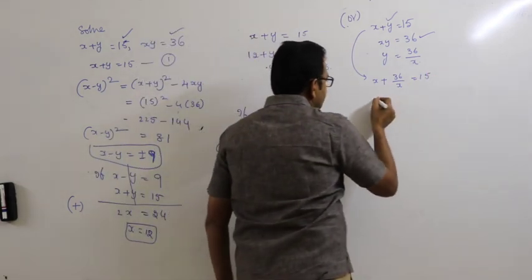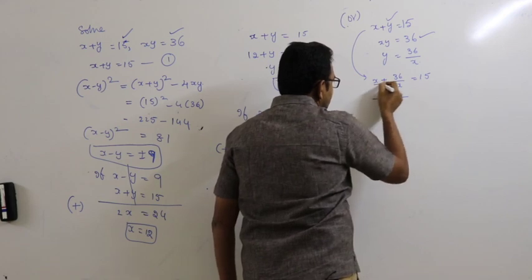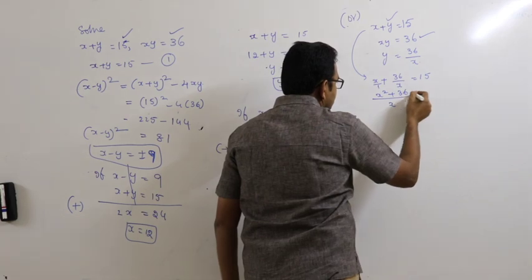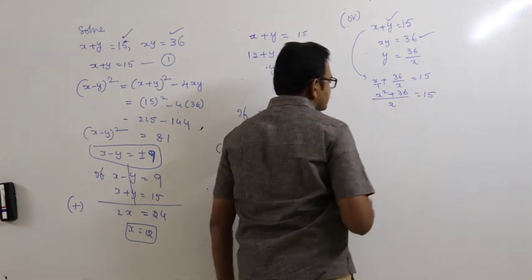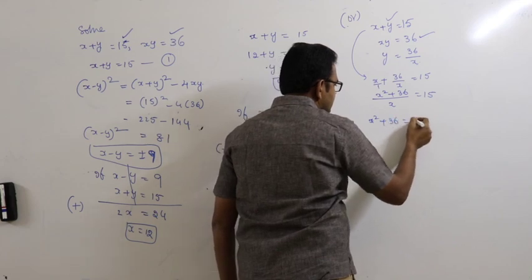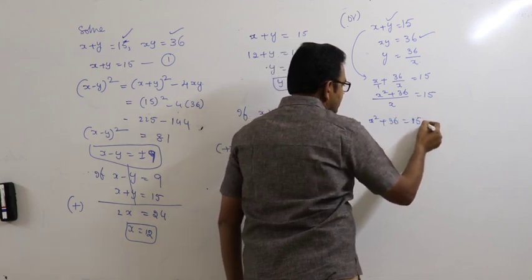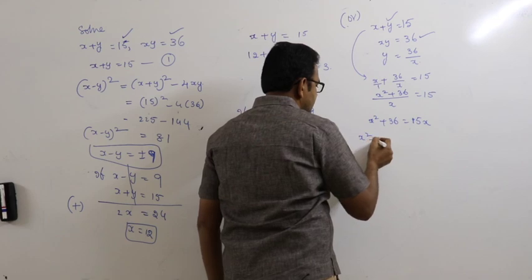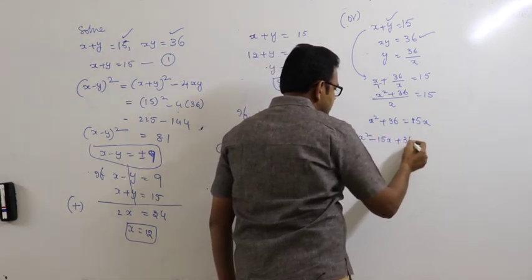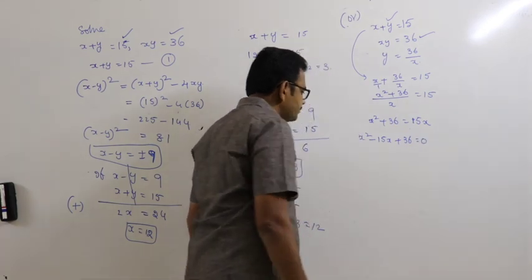By taking LCM, LCM is x, so this is x square plus 36 is equal to 15x. Taking this side, x square minus 15x plus 36 is equal to 0.